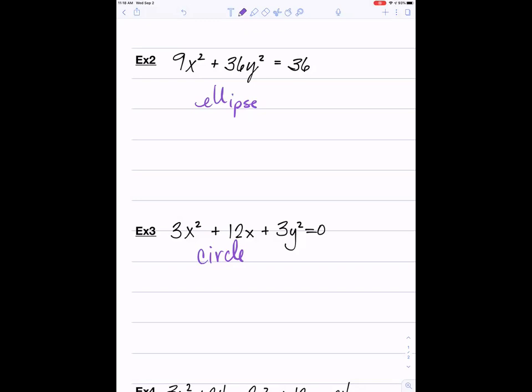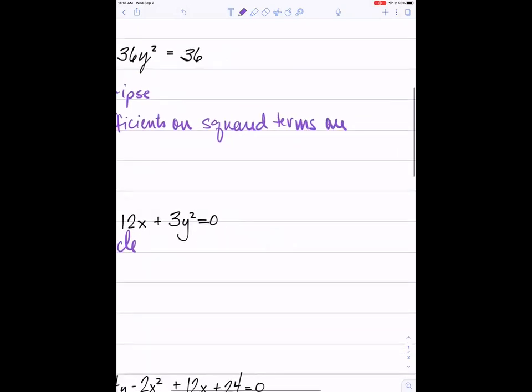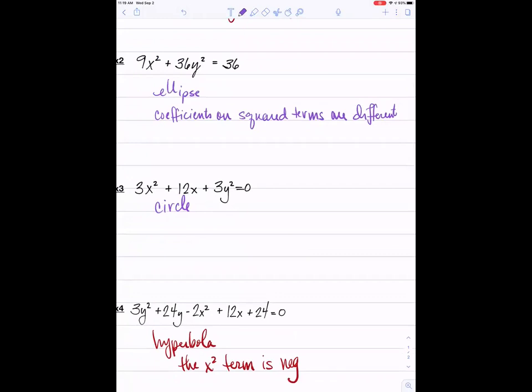These two actually require a 2-part explanation. Okay, so part 1: coefficients on squared terms are different. Coefficients on squared terms are different.